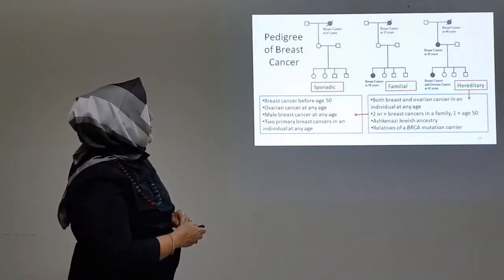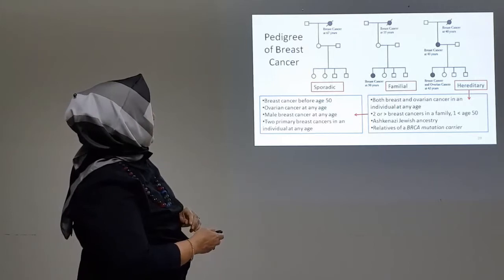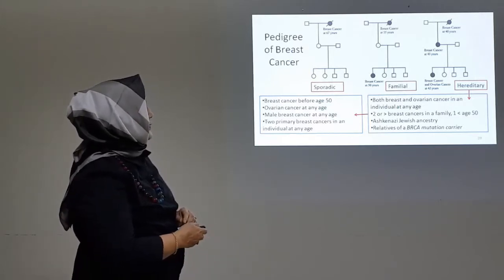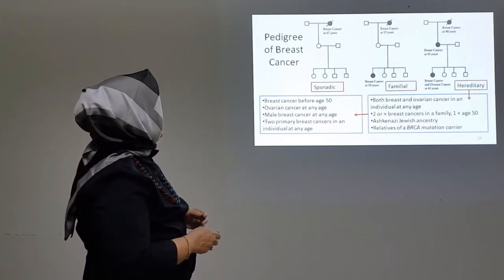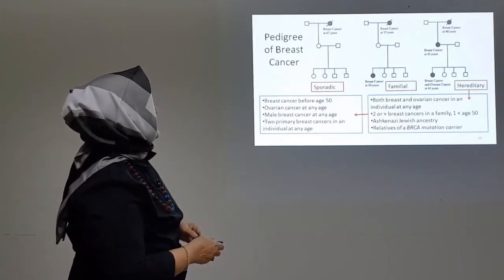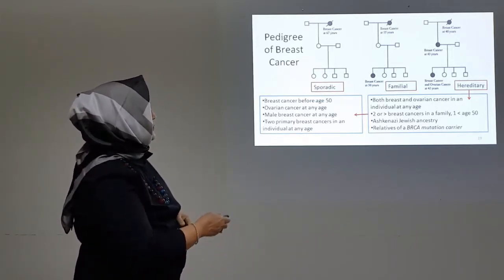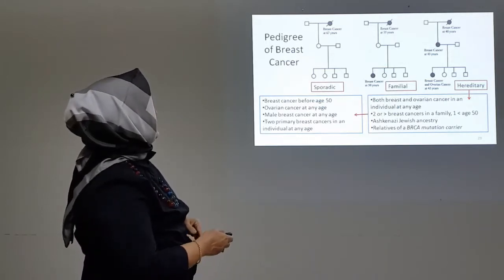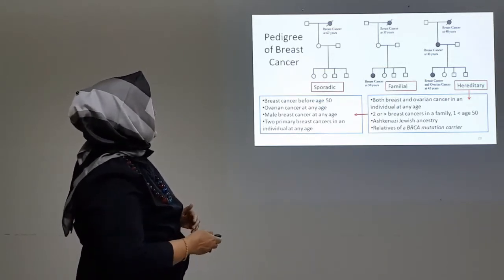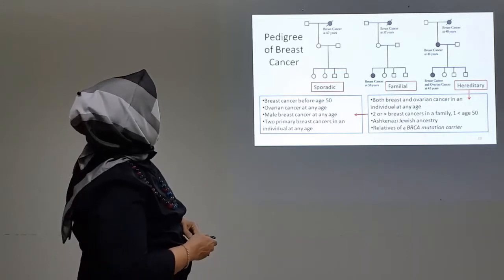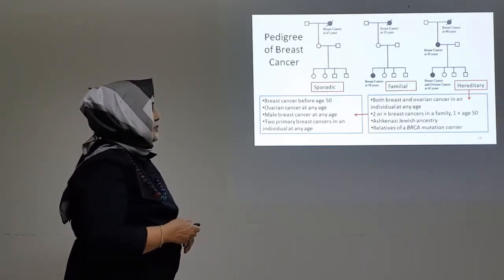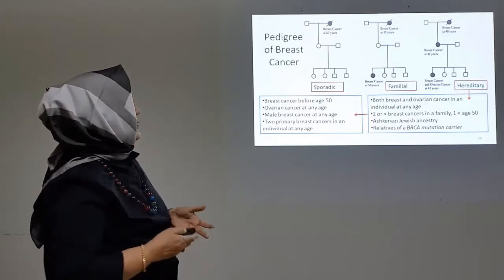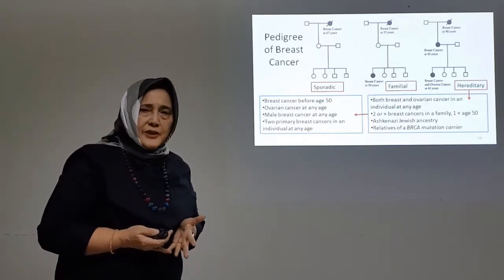You can see here the sign is both breast and ovarian cancer in an individual at any age. Can be young, can be old. And two or more breast cancers in a family, like this one. Two or more, one of them at an age less than 50. And quite common in the Ashkenazi Jewish, because they encourage consanguinity marriage.